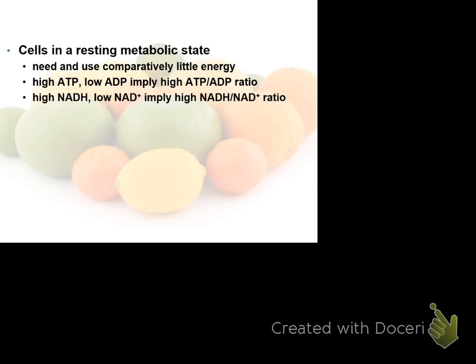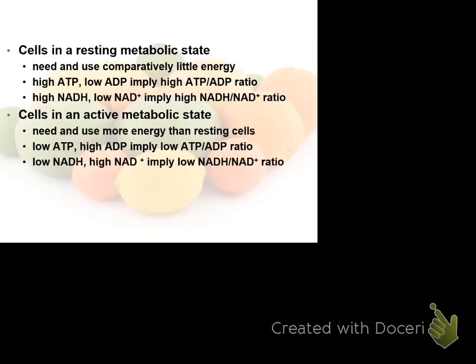But if you're in a resting metabolic state, if that cell is, then it's going to use very little energy. So you're going to have a lot of ATP and a lot of NADH, okay? So that makes the ratio of ATP to ADP, or NADH to NAD+, too high.